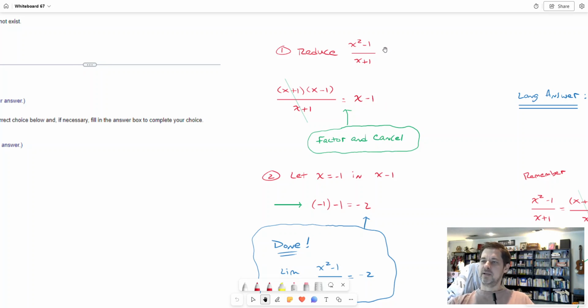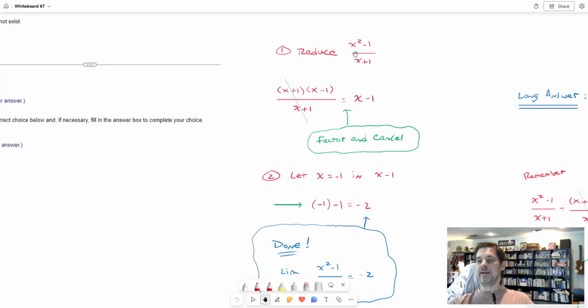That x squared minus 1 on top can be factored. It's called the difference of two squares. It factors as x plus 1 times x minus 1. Then I'm looking at x plus 1 times x minus 1 over x plus 1. And then we can cancel the x plus 1s because they're identical. That gives me x minus 1.